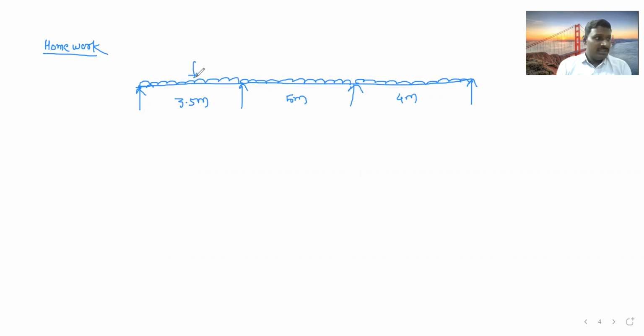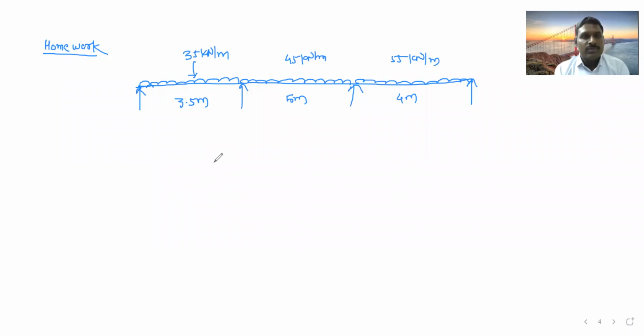The intensities are 35 kilonewton per meter, 45 kilonewton per meter, and 55 kilonewton per meter. So this will be the homework.